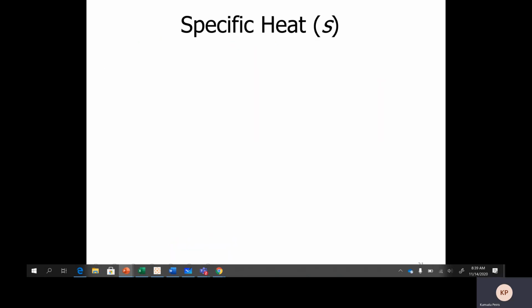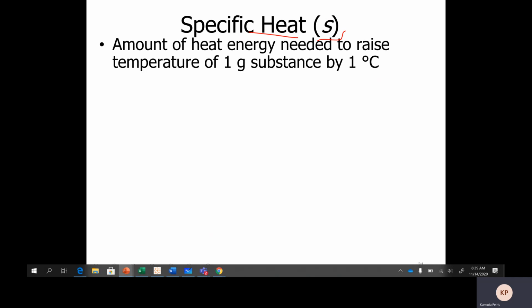Now we are moving to a new term which is called the specific heat. It is abbreviated by this S. That is defined as the amount of heat, or energy, needed to raise the temperature of 1 gram of substance by 1 degree Celsius. In specific heat, this is the special thing, it mentions the amount of the substance.